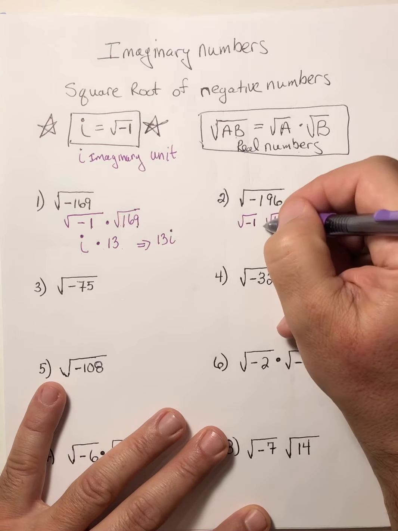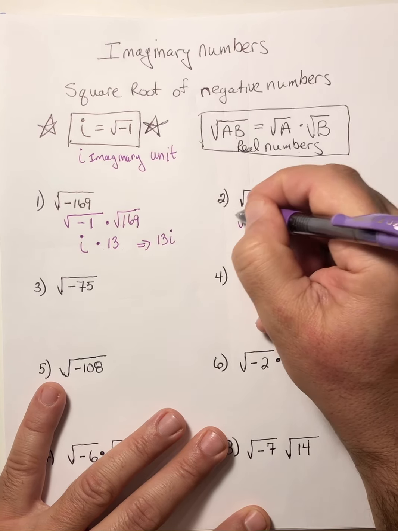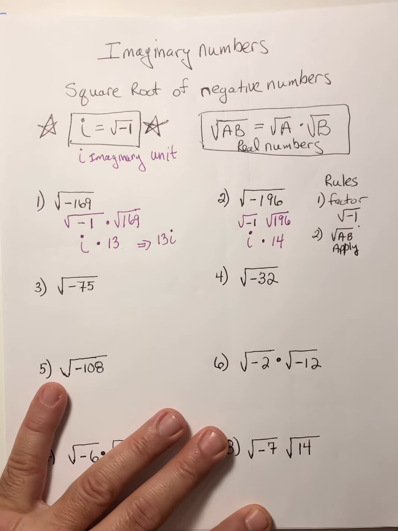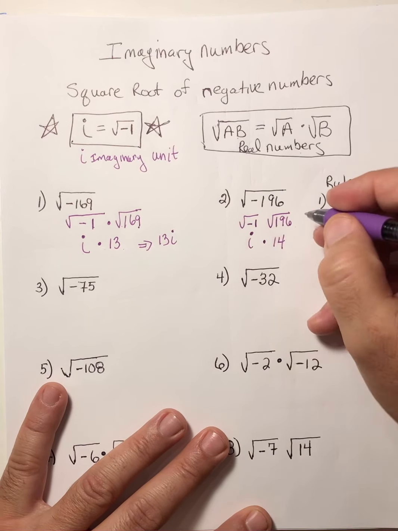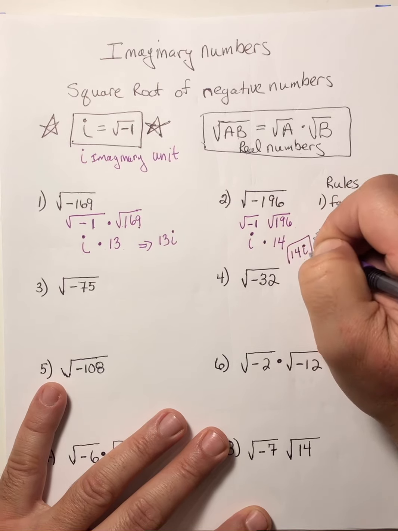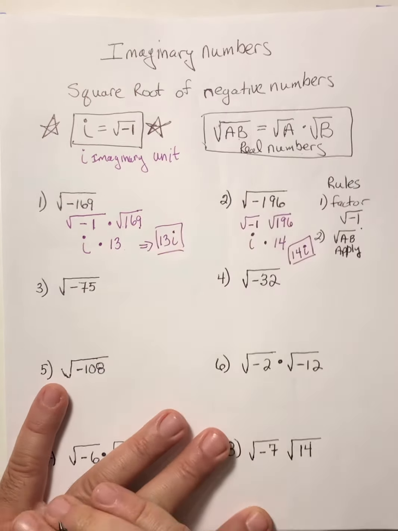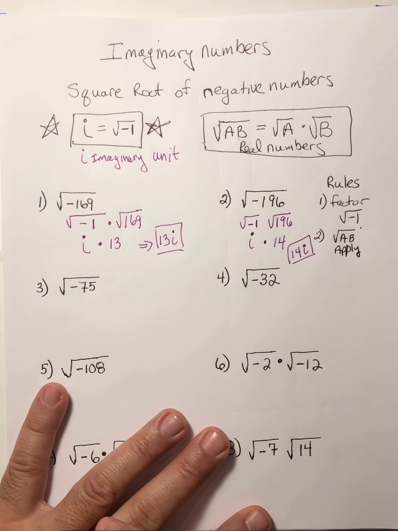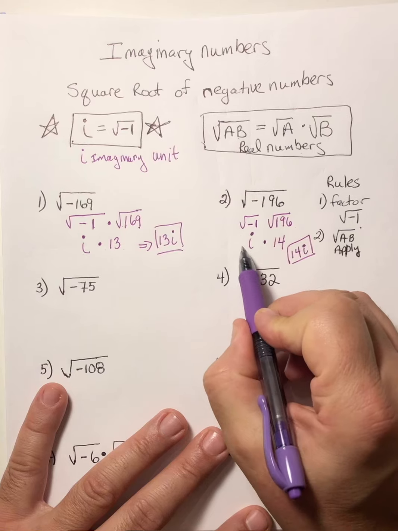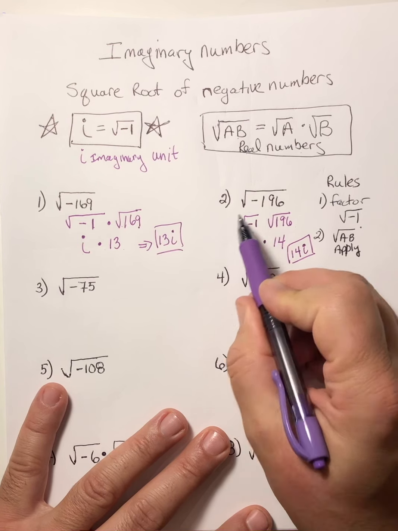Then the square root of negative 1, we just call I. So we don't write I times 14, we say 14I. It's that simple. Your rules are exactly the same as when we simplified radicals, except the very first thing we do is pluck out that square root of negative 1.